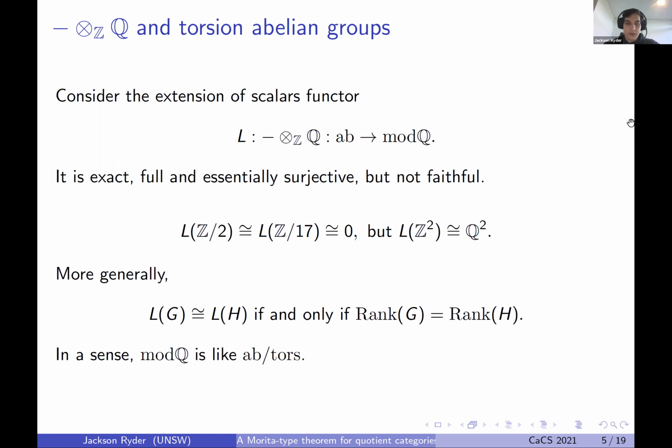Okay, so very imprecisely, we can think about rational vector spaces as being like abelian groups mod out by torsion. This is what we want to make precise by introducing quotient categories.